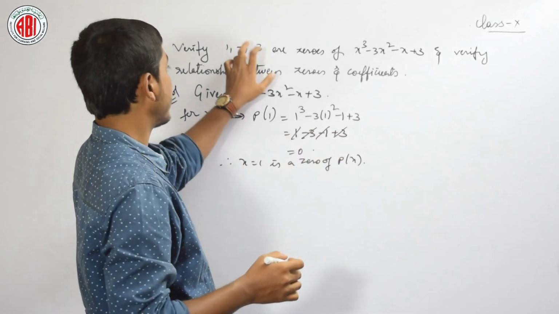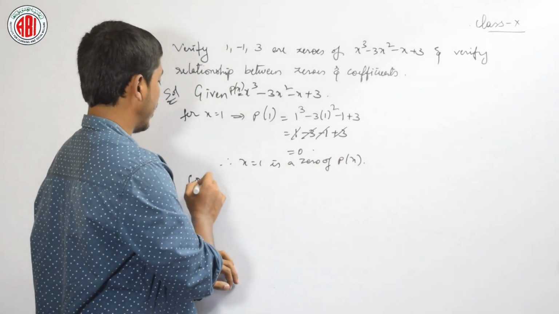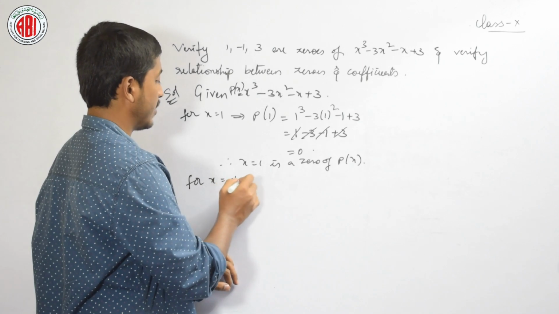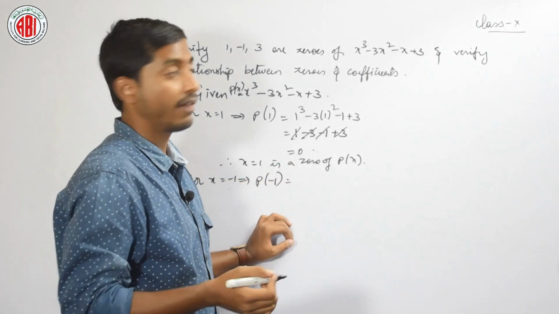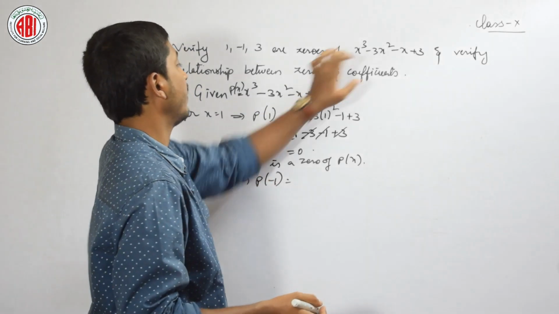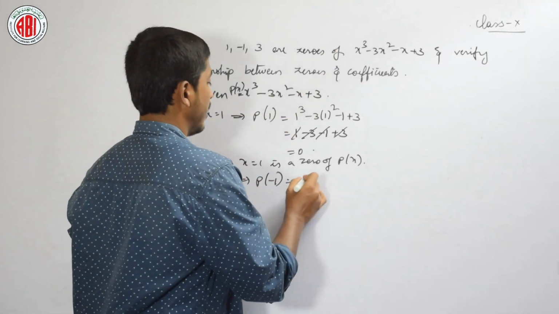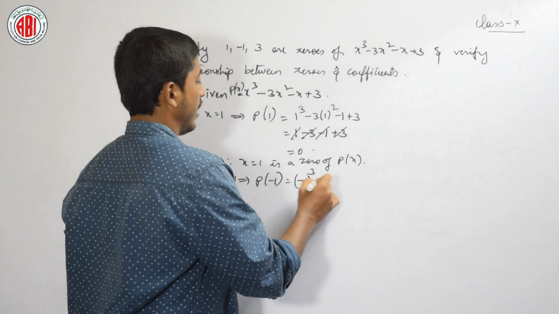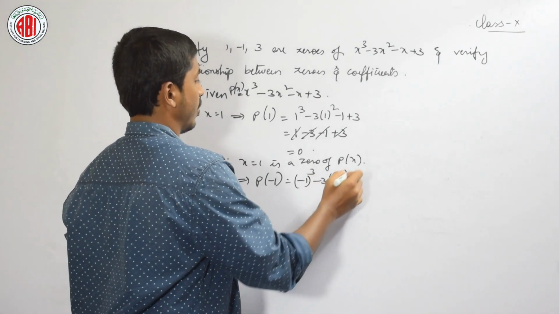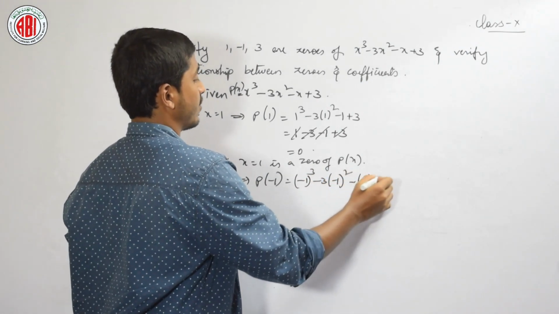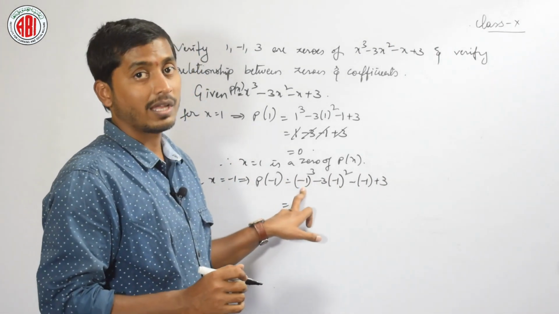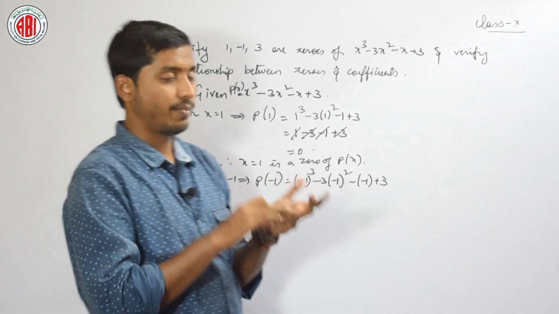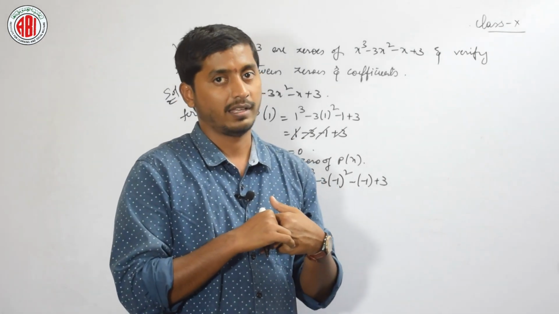Now let us substitute the second value, that is for x is equal to minus 1, that is p of minus 1. Again we have to substitute minus 1 in the given polynomial, that is minus 1 whole cube minus 3 into minus 1 whole square minus of minus 1 plus 3, right. What is the cube of minus 1? That is minus 1 into minus 1 into minus 1, clear.